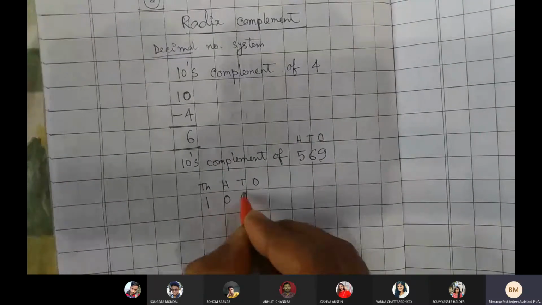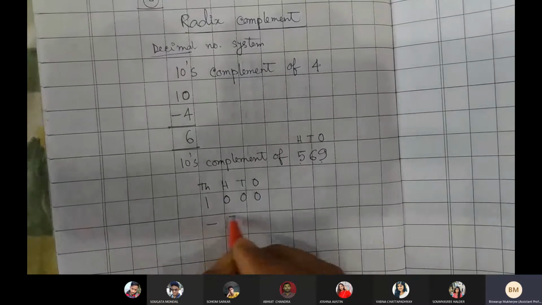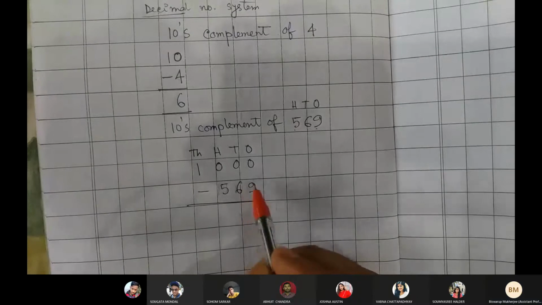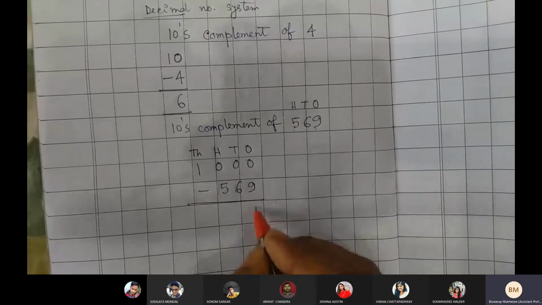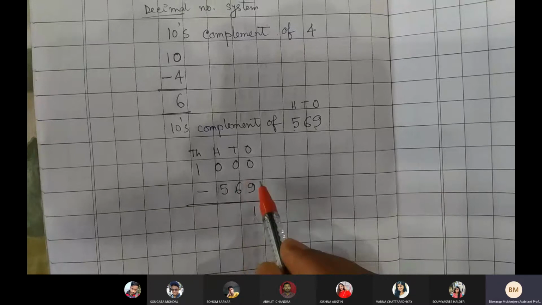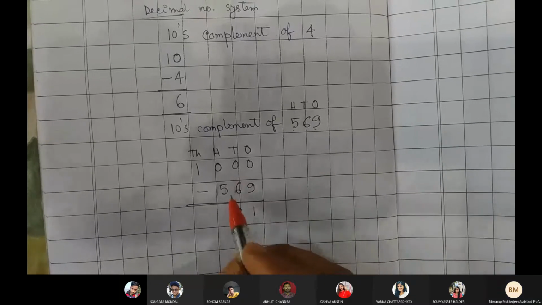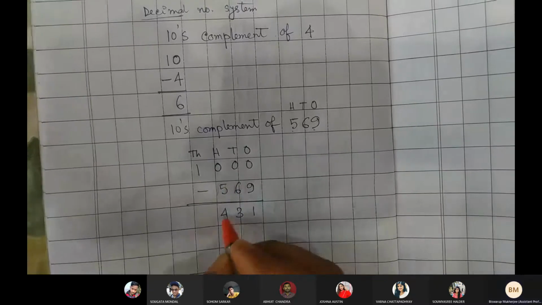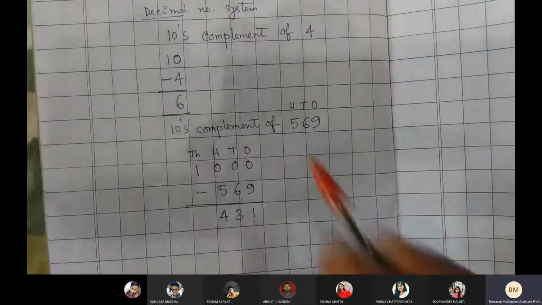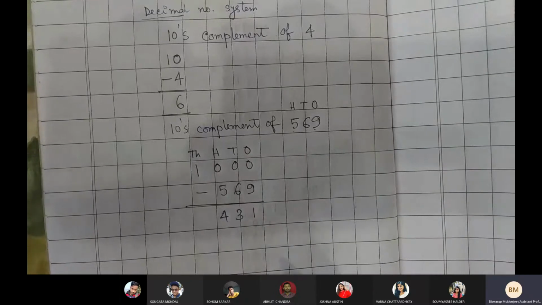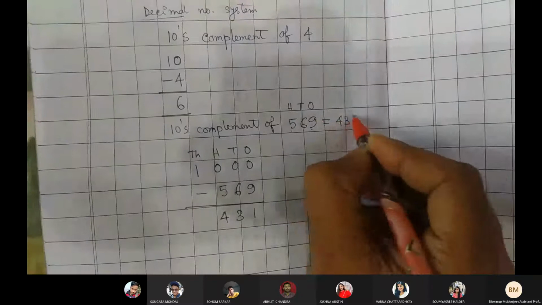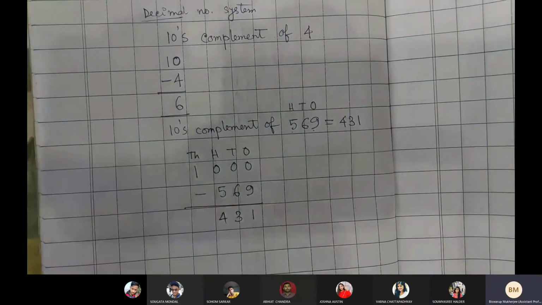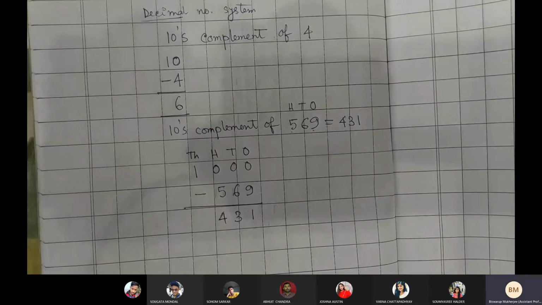So 1000, the lowest number is 1000. 1000 minus 569, that is the radix complement, the tens complement of 569. So that is 431, right? So tens complement of 569 is equal to 431. Make sure about this one. So tens complement of 569 is 431. Okay.